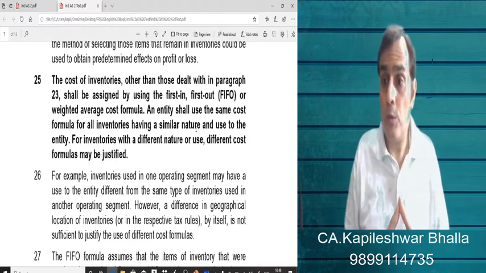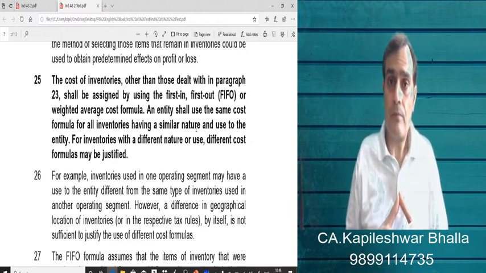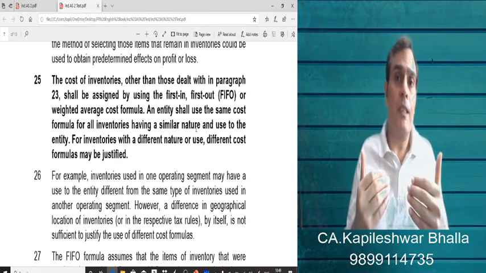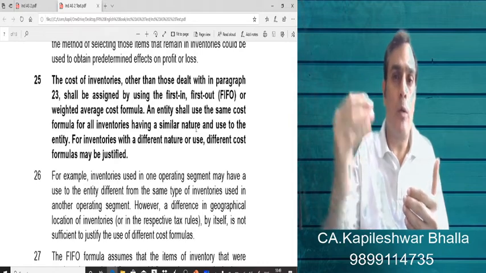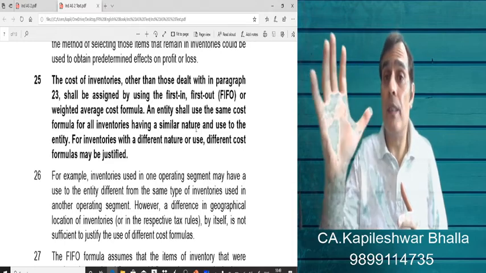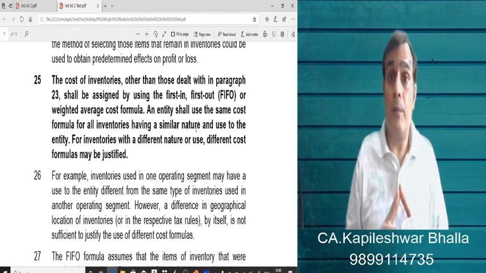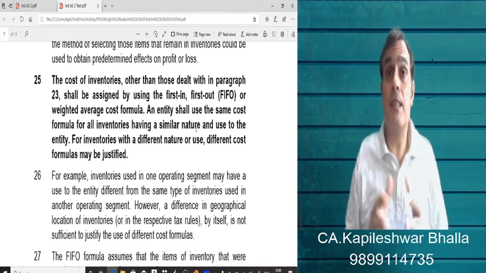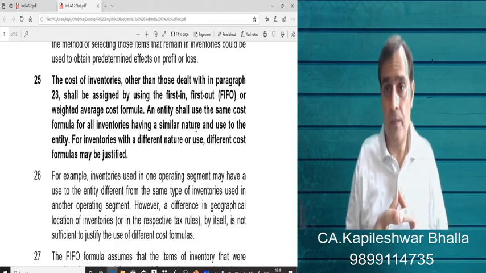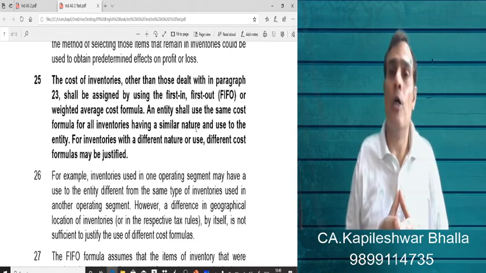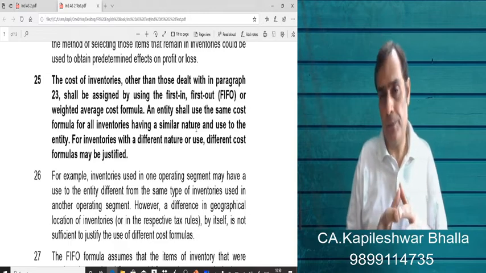The key question to put to yourself is: is it a tailor-made product? If it is a tailor-made product, it is not ordinarily interchangeable. If it is not a tailor-made product, it is ordinarily interchangeable. So in terms of inventory, we first need to zero in on this concept.